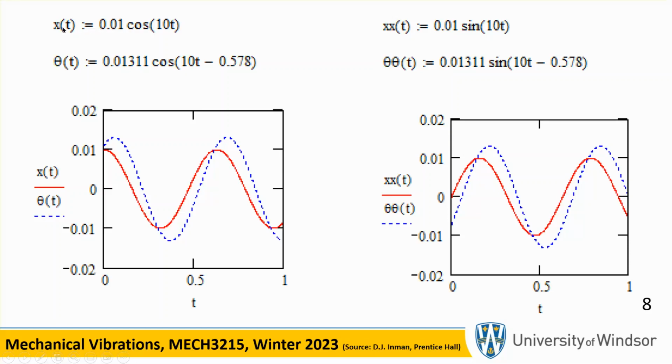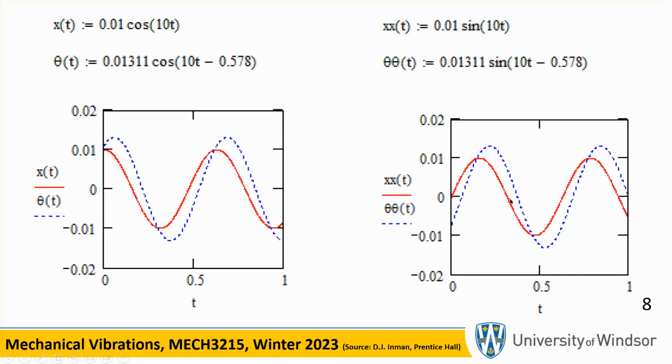The red one that you see is the motion of that point P. This blue one is the angle as a function of t.